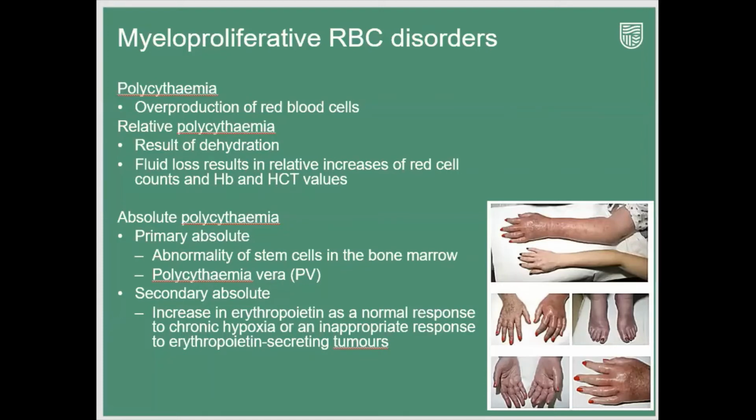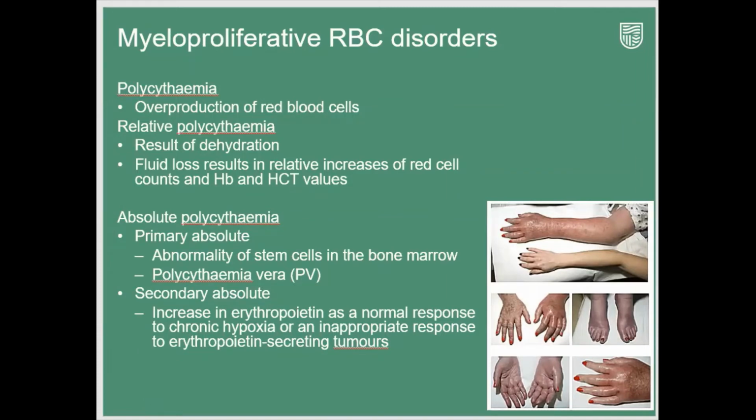Okay, now the next disorder of blood cells is called polycythemia. And this is where you get an abnormally high total red blood cell mass with a hematocrit greater than 50%. It's categorized as either relative or absolute. So in relative polycythemia, the hematocrit rises because of loss of plasma volume without a corresponding decrease in red blood cells.